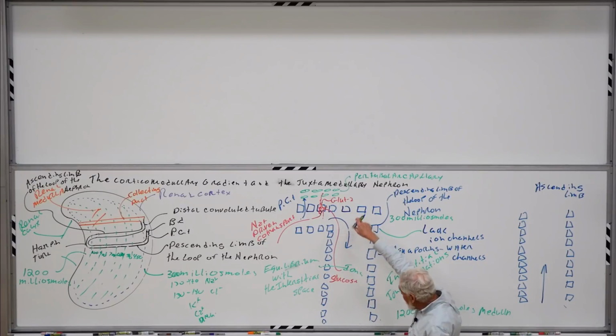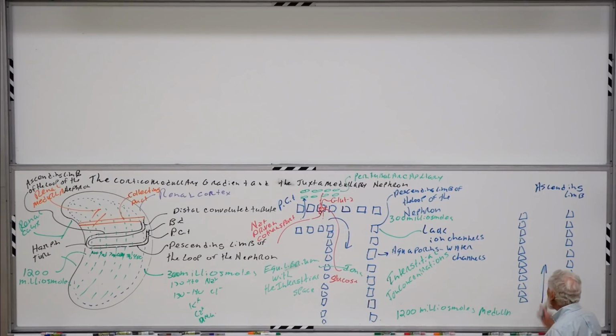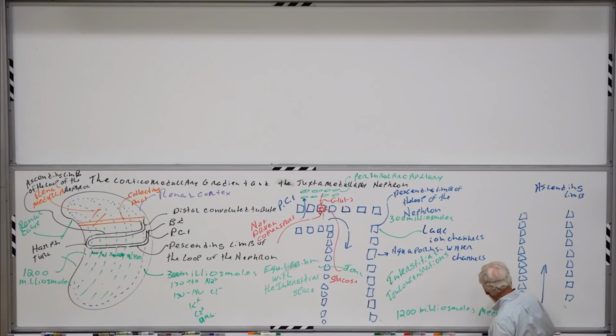So we have this descending limb, the hairpin turn, and now we're coming up the ascending limb. Where the descending cells only have water channels, we now change the story over here in the ascending limb. These epithelial cells contain ion channels.